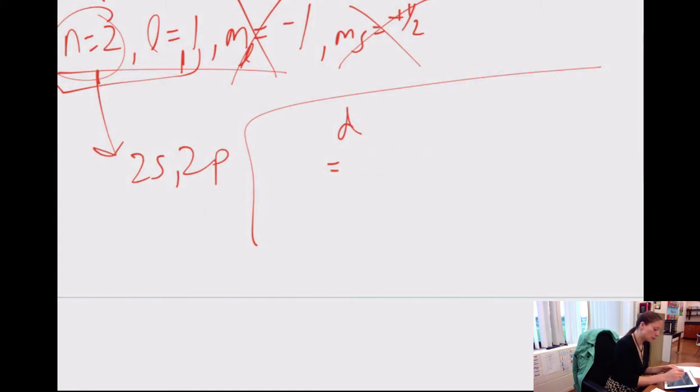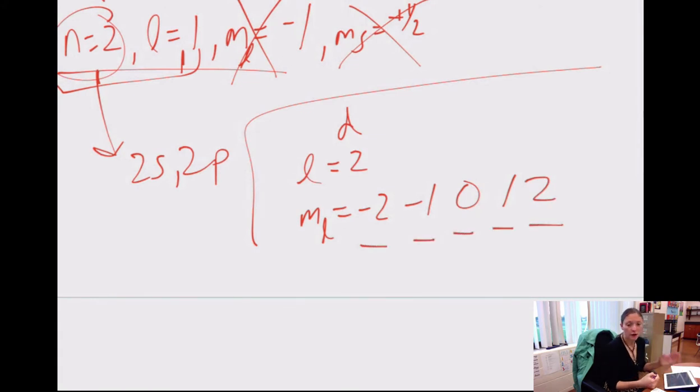My L equals 2. Your M sub L equals -2, -1, 0, 1, 2. And you've got 1, 2, 3, 4, 5. 5 lines. And D's, we know, have 5 lines. So that's how you have numbers associated with these things that we looked at last year.